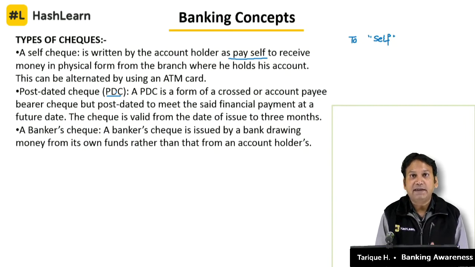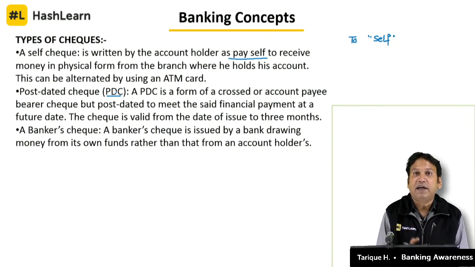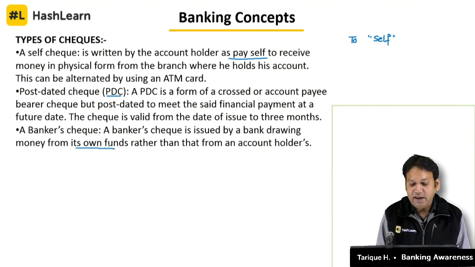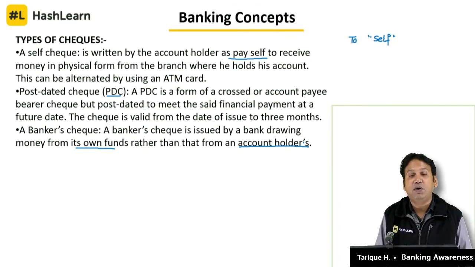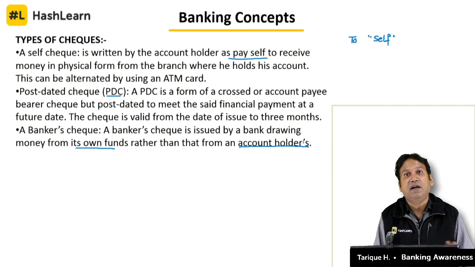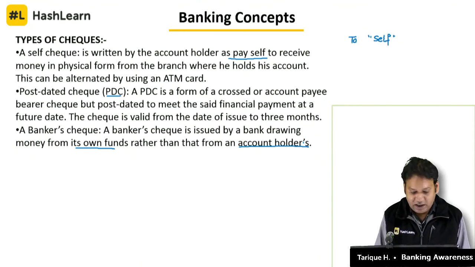But when the bank is giving a check where the fund will be deducted from the bank's own funds, rather than from the funds of the account holder, then it is called a banker's check, and usually it is used for larger value transactions in real estate and other such things. A banker's check is used.